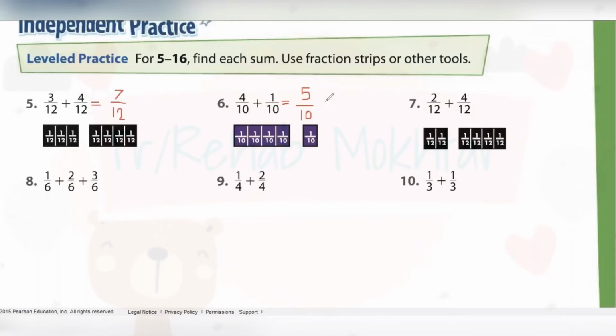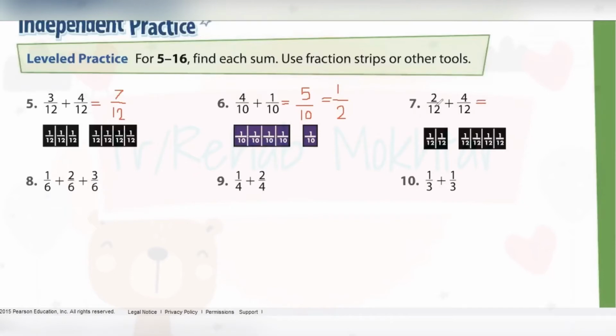Now, teacher, I can write an equivalent fraction equal to 5 out of 10. Do you remember? I can divide up by 5 and down by 5. 5 divided by 5 equals 1. 10 divided by 5 equals 2. Now we have equivalent fractions. 5 out of 10 equals 1 out of 2.